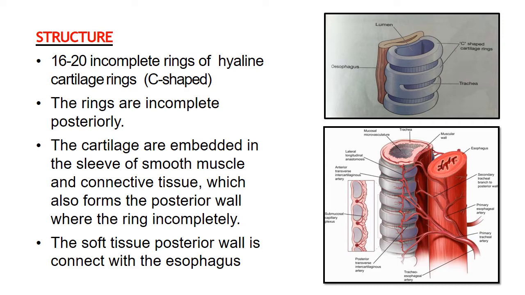The cartilages are embedded in the sheath of smooth muscle and connective tissue, which also forms the posterior wall where the ring is incomplete. So in the posterior wall there is only the sheath of smooth muscle and connective tissue. There is no cartilage. The soft tissue posterior wall is connected with the esophagus.